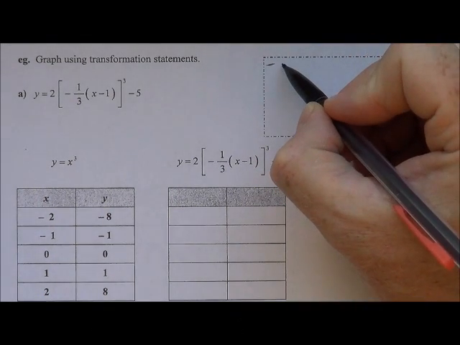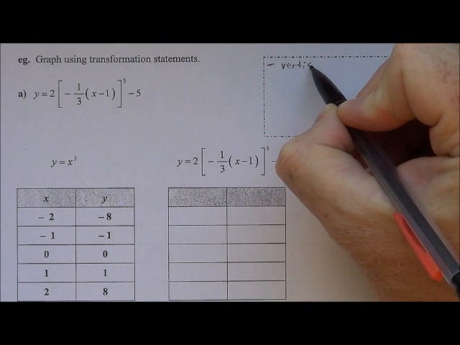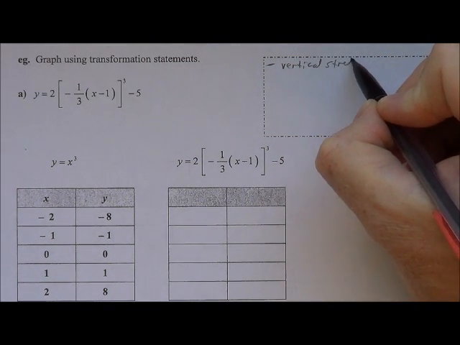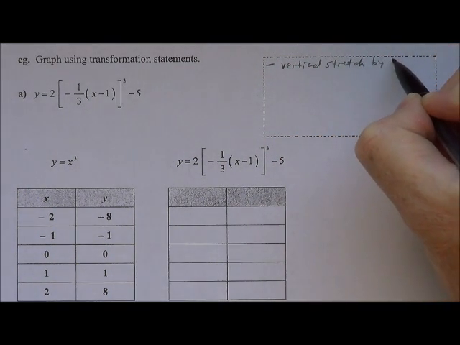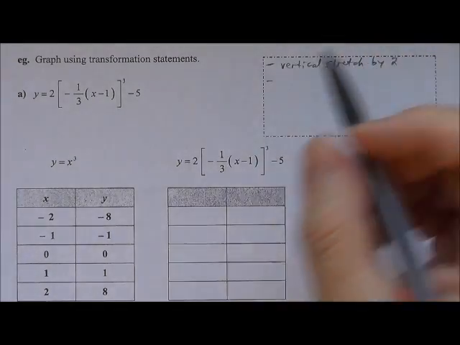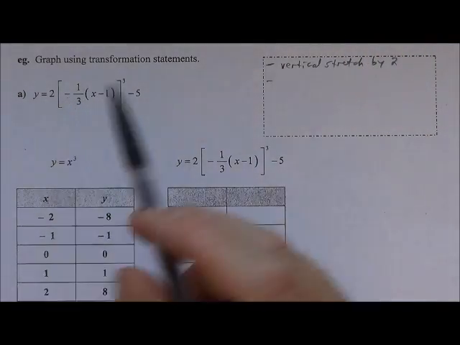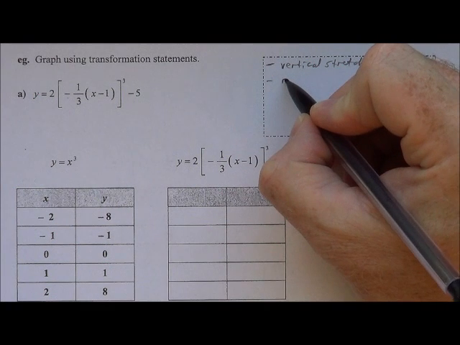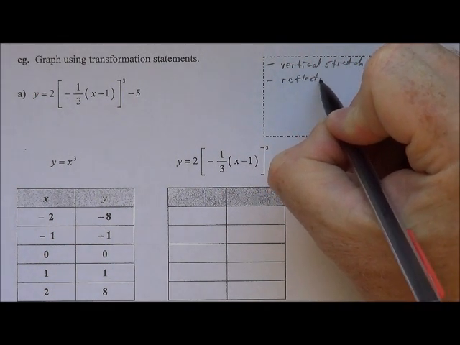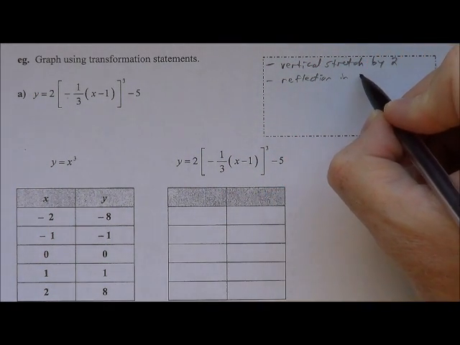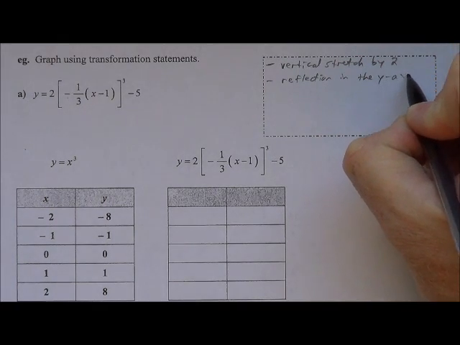So the very first thing is a vertical stretch by 2. The next thing, we go inside the bracket then. That's a reflection in the y-axis.